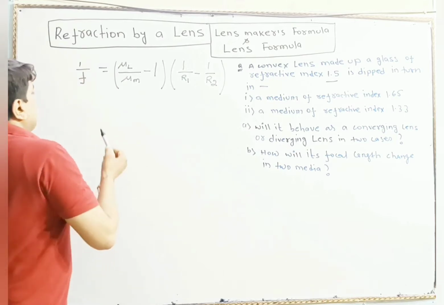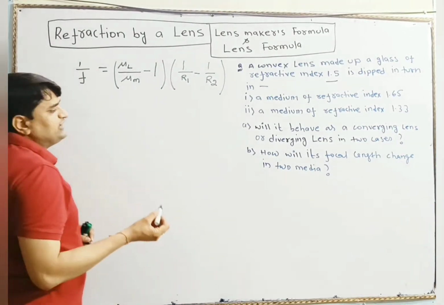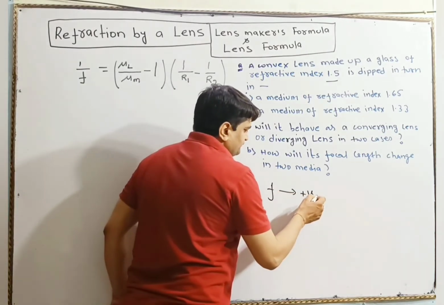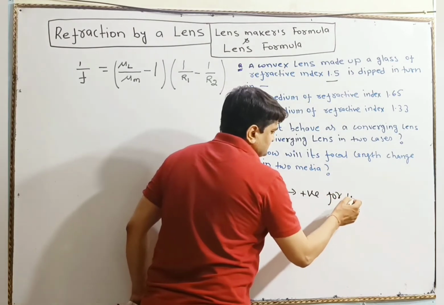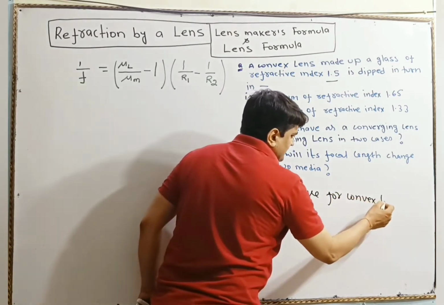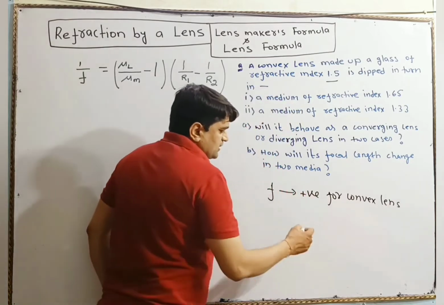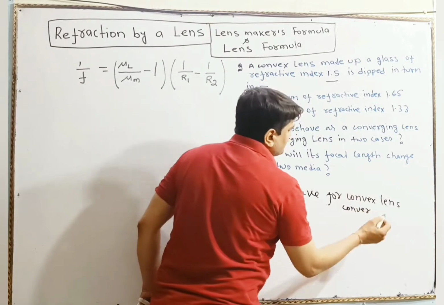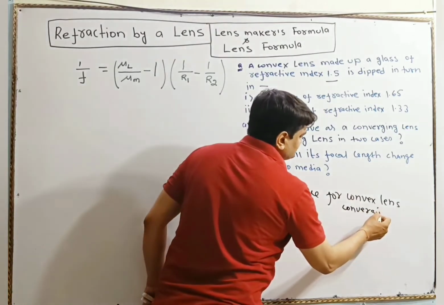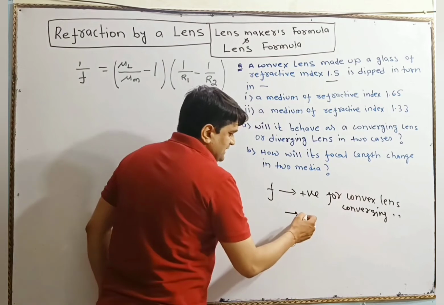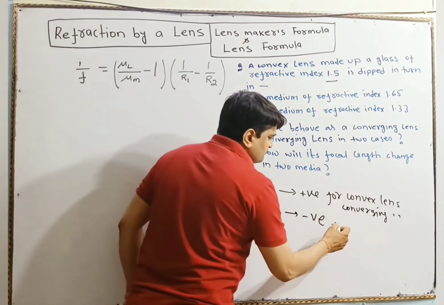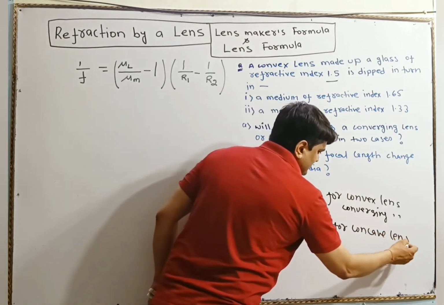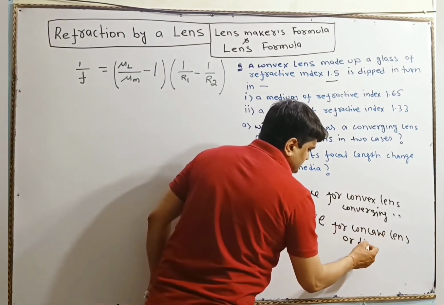We know that focal length f is positive for a convex lens, which is called a converging lens, and it will be negative for a concave lens or diverging lens.